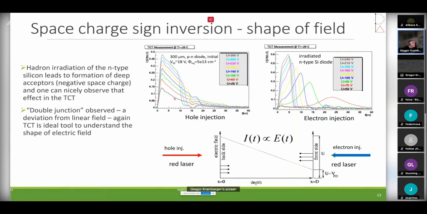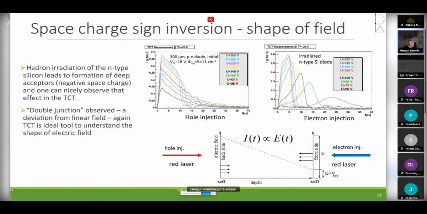And this was, let's say, some 30 years ago when it was first discovered. It was called the space charge sign inversion in damaged silicon. And you can clearly see how this can be measured and observed. And then if you look from the front injection, you see exactly the mirror image.